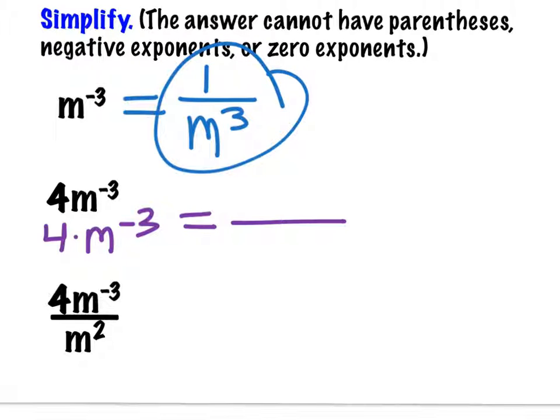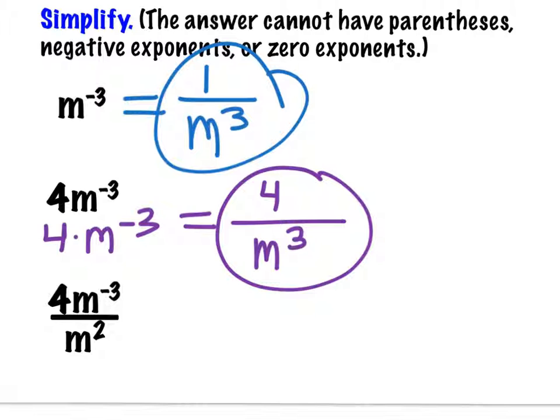So we know that we're going to need a fraction bar because that m to the negative third has to move to the bottom of the fraction, and then I can make the exponent positive. But since the 4 didn't have a negative exponent attached to it, it's going to stay in the numerator of the fraction. So our simplified result is 4 over m to the third.